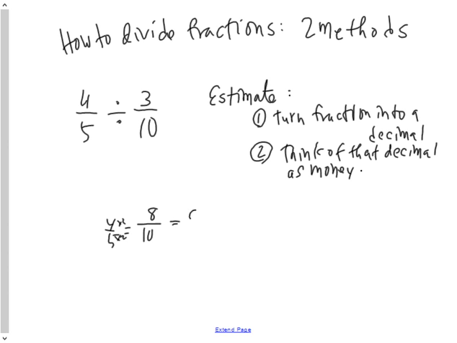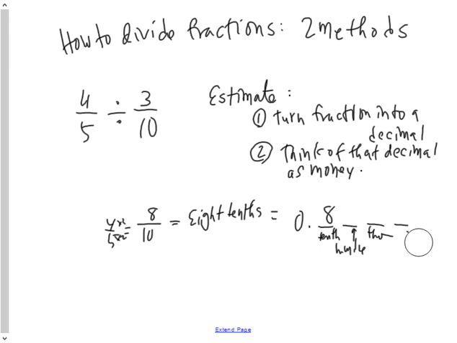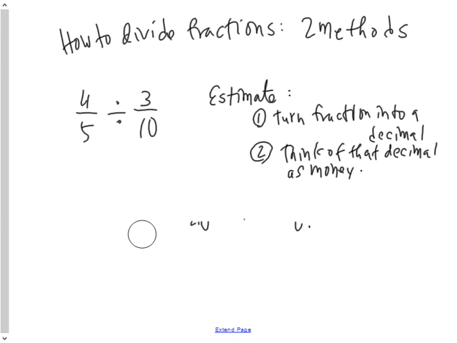And if I read this fraction as being 8/10, and when I go to write my place value, this is the tenths, this is the hundredths, this is the thousandths, this is the 10,000ths, etc. So 8/10 would be an 8 in the tenths position, and therefore would be 0.8. So 4/5 as a decimal is 0.8, and 3/10 is 0.3 because that's what 3/10 actually looks like.